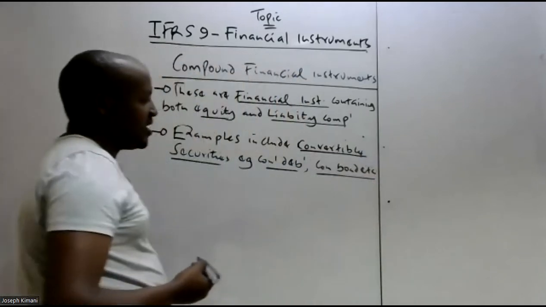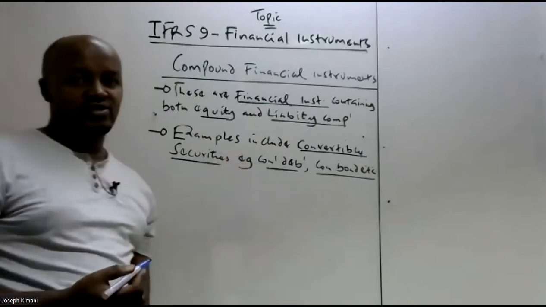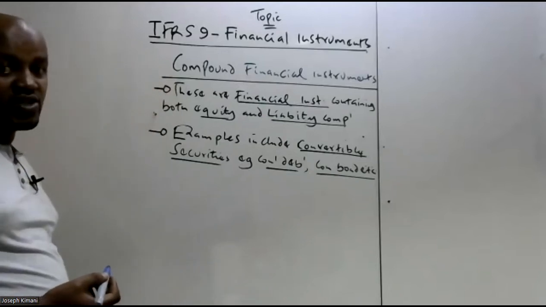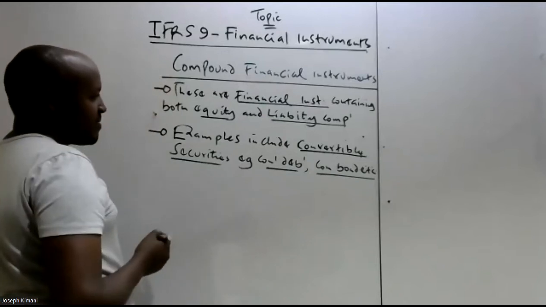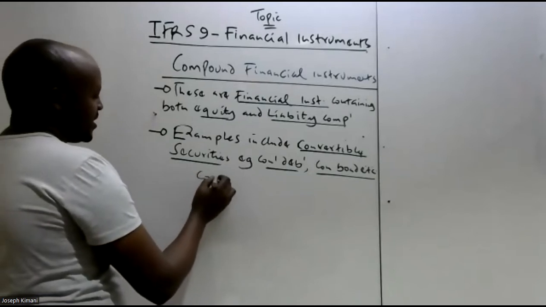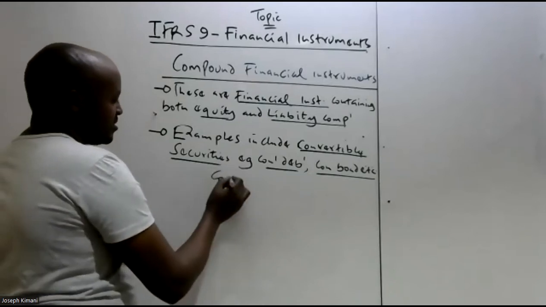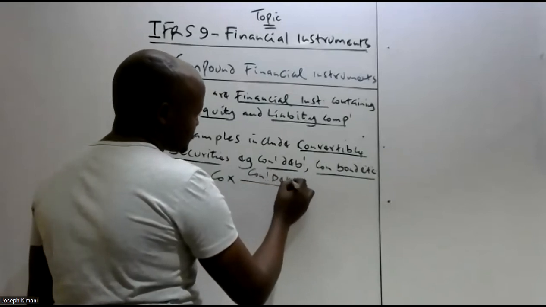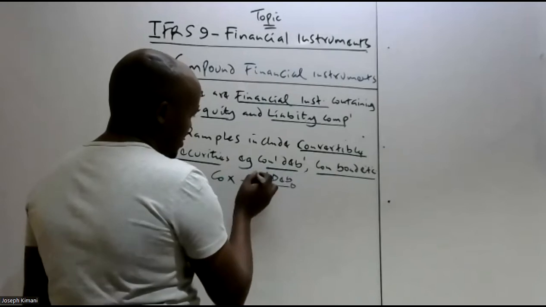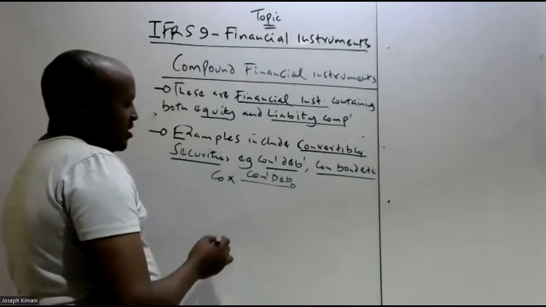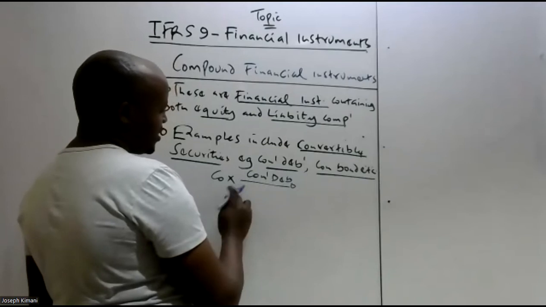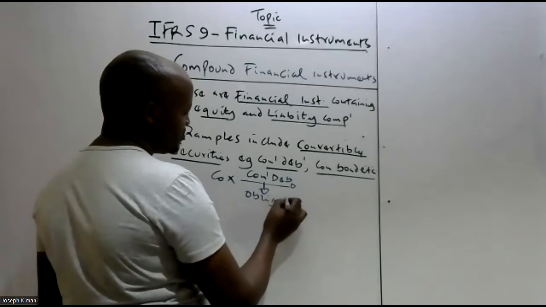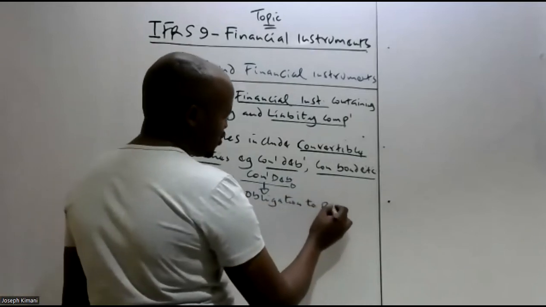So why do we say that these convertible securities are good examples of compound financial instruments? Let's assume that we have a company X that has issued some convertible debentures. As a result of having issued these debentures, this company has an obligation to pay cash.